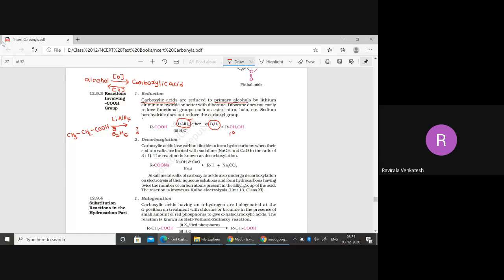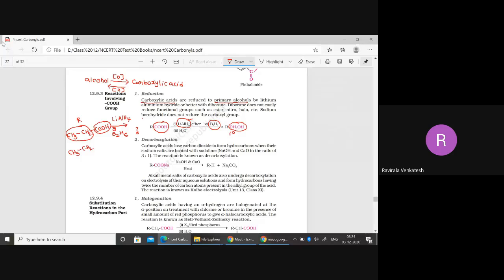What do you observe here? The COOH is converting into CH2OH. So what is the name of the product? Propanol. CH3CH2 is the R group.